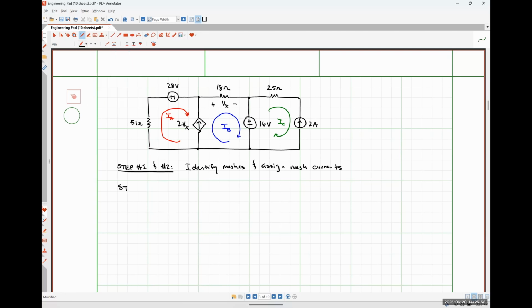Step number 3 is once again going to be to express our controlling variables in terms of our mesh currents.